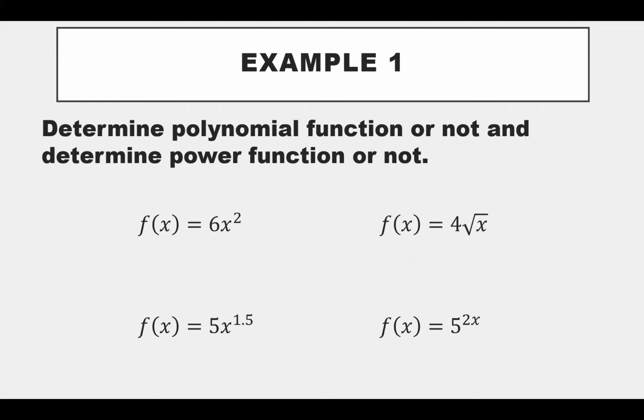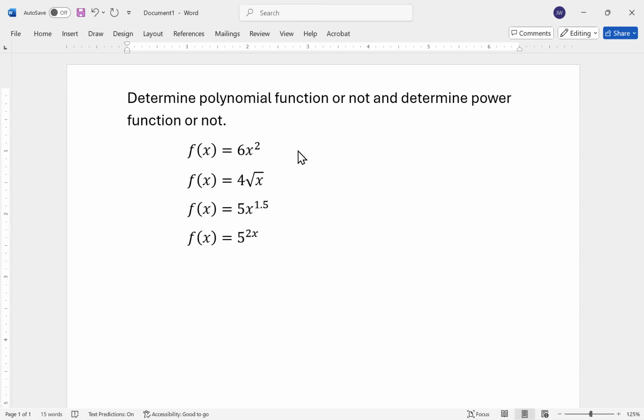Let's look at a few examples and determine if these are polynomial functions or not, and also determine whether these are power functions or not. Let's start with this 6x squared. Well, we have x being raised to a power and a coefficient out front.